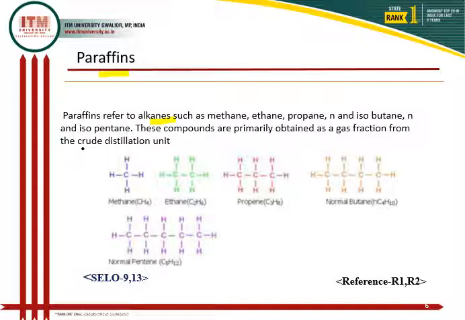We have a homologous series of alkanes depending on the number of carbon atoms, and they can be straight chain or branched chain, that is normal butane and isobutane, normal pentane and isopentane. These compounds are obtained as a gas fraction from the crude distillation unit. We will discuss the distillation of crude oil in the next unit. Okay.